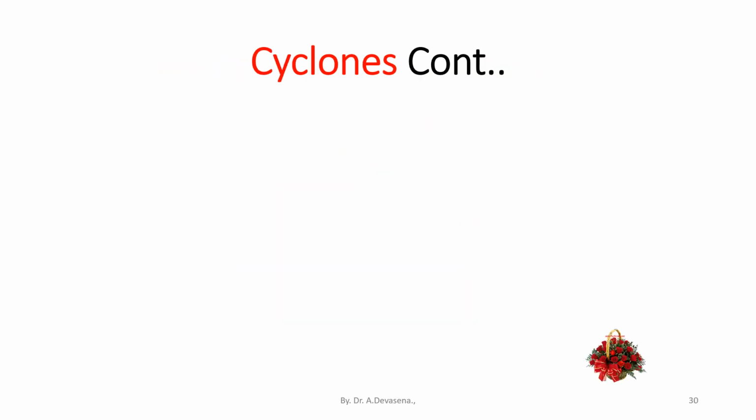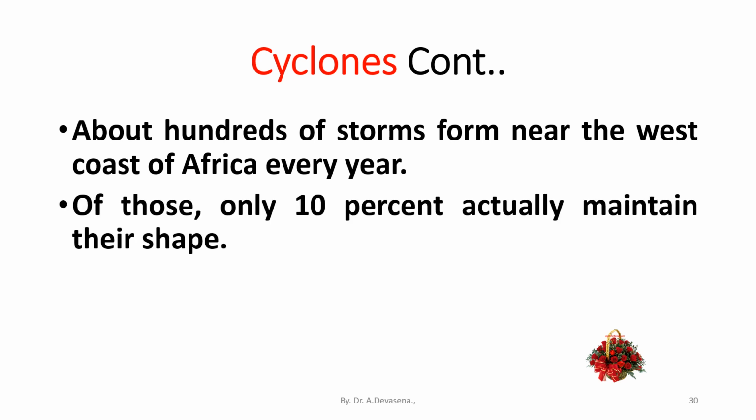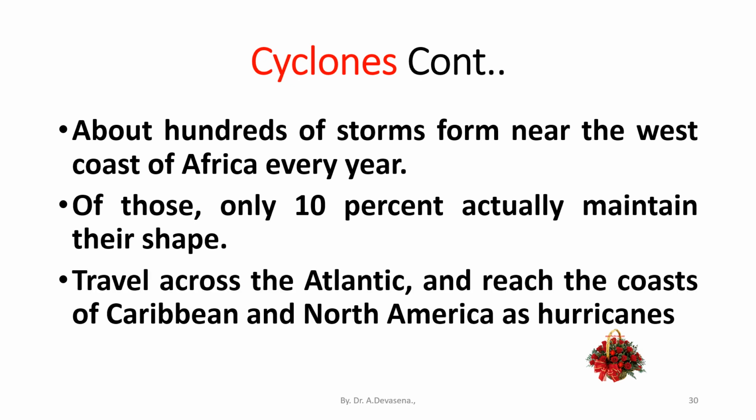Hundreds of storms form near the west coast of Africa every year. Of those, only 10% actually maintain their shape, travel across the Atlantic and reach the coasts of the Caribbean and North America as hurricanes.